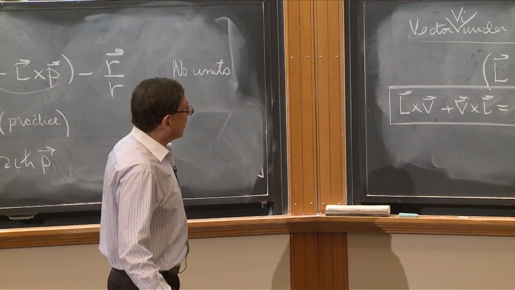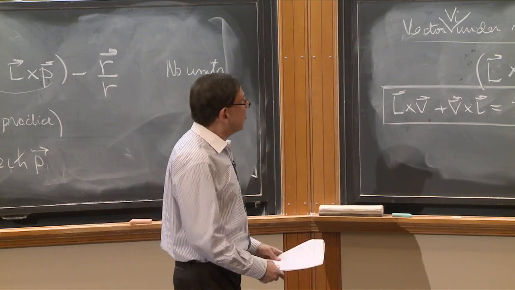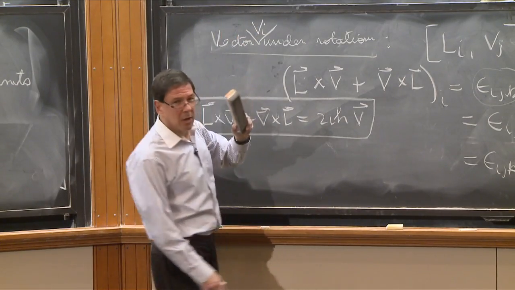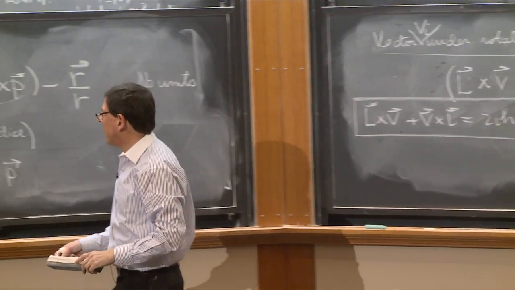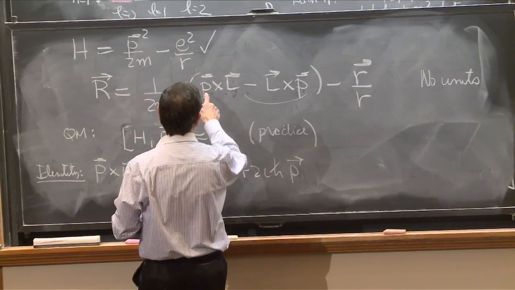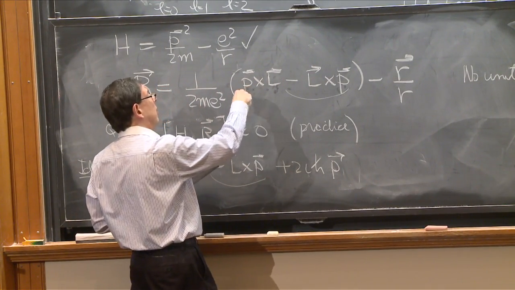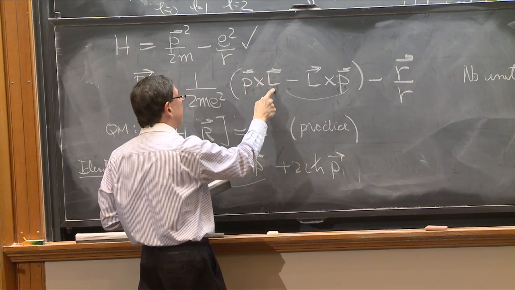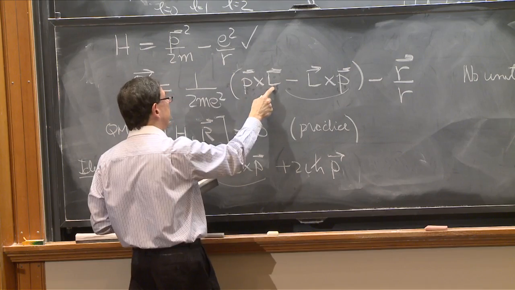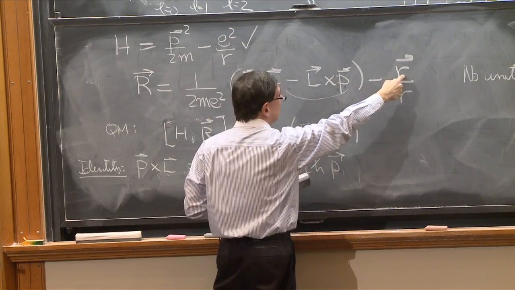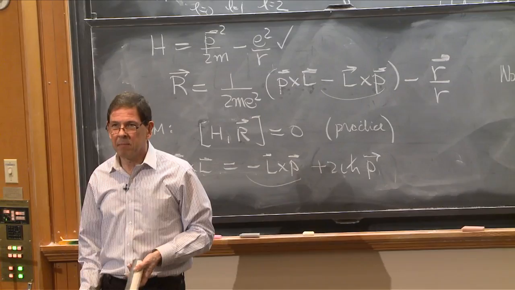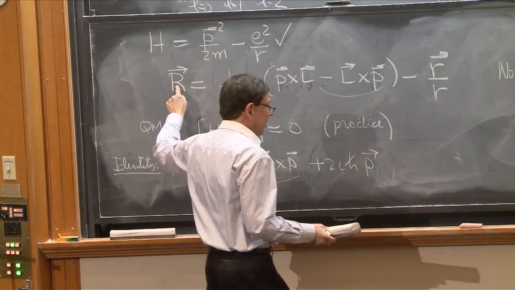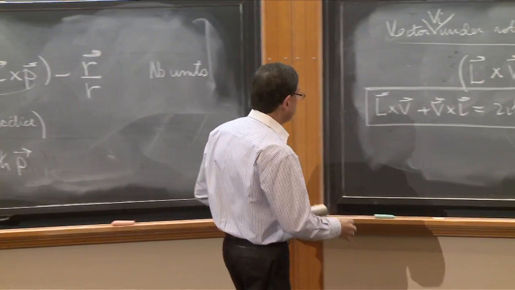Now, R is a vector under rotations, this capital R. Why? You've shown that if you have a vector under rotations, and you multiply it by another vector under rotations under a cross product, it's still a vector under rotation. So this is a vector under rotation, and this is a vector under rotations. R is a vector under rotation.